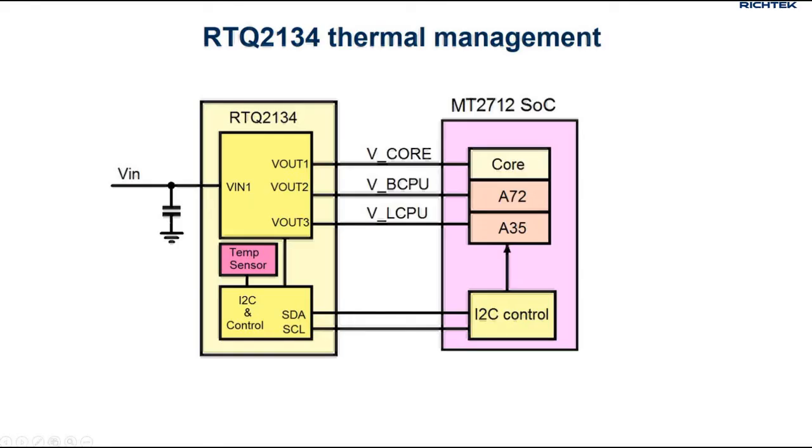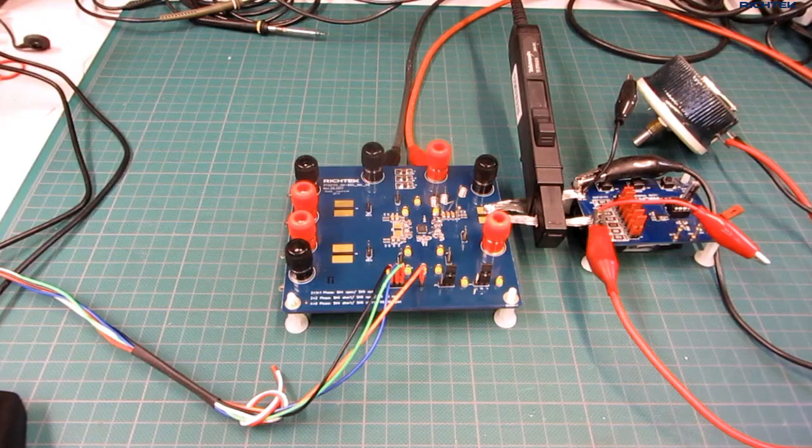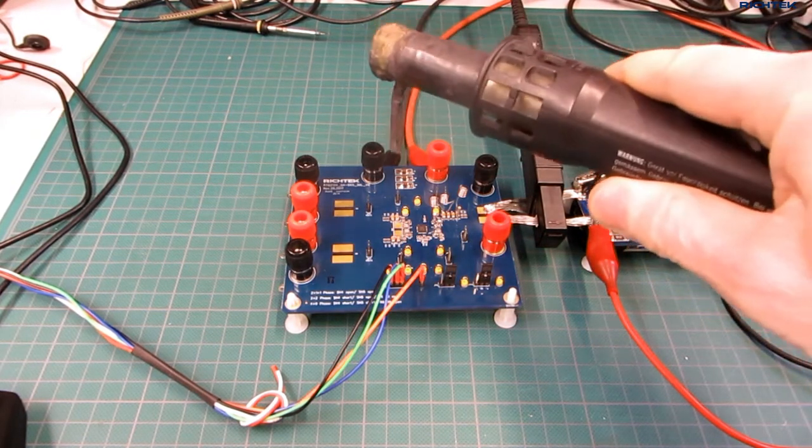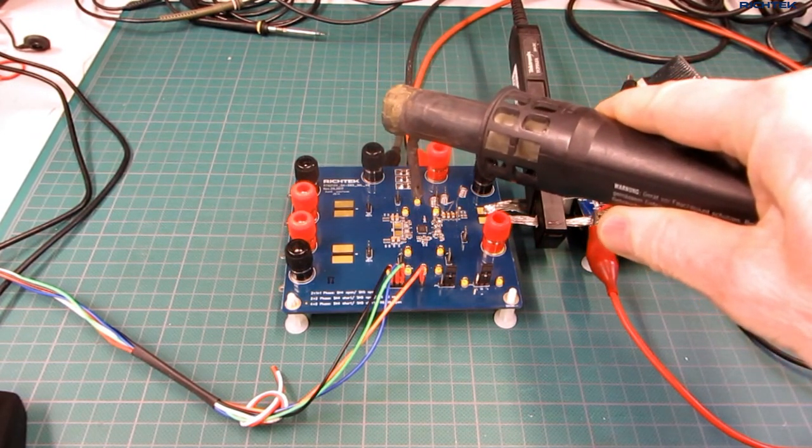At high temperatures, the RTQ2134 PMIC could also overheat due to the higher SoC load and higher PCB temperature. For this reason, the RTQ2134 also includes a temperature sensor. Let's test this by heating up the RTQ2134 IC with hot air.